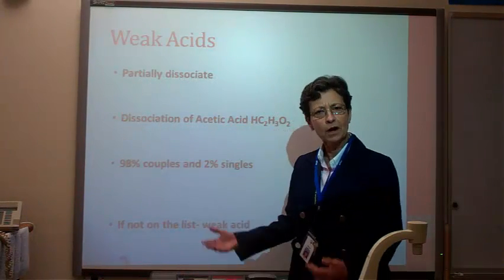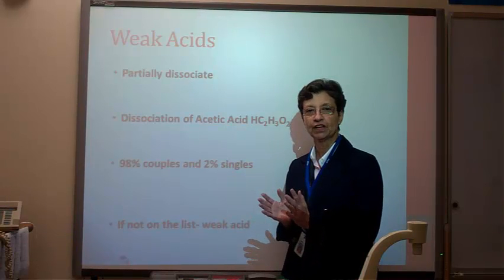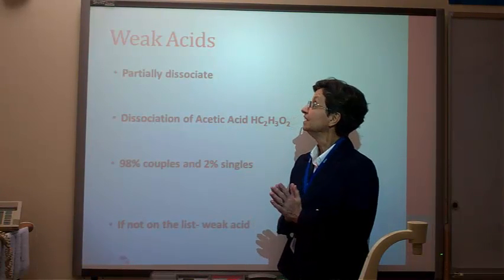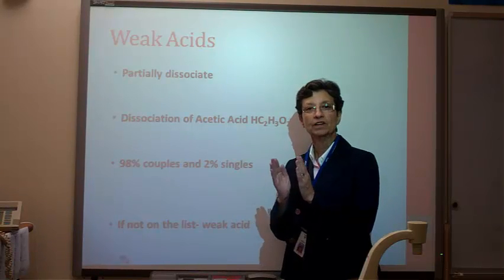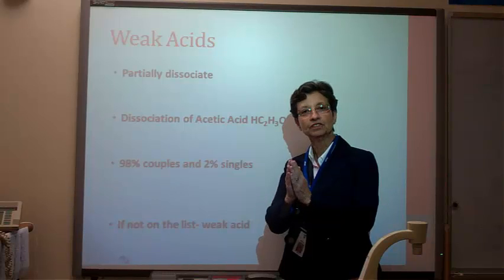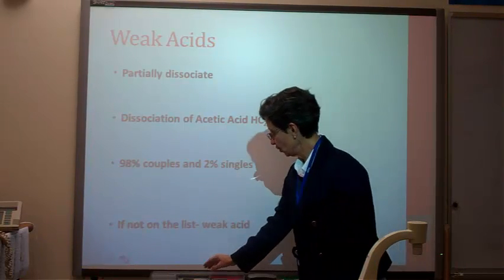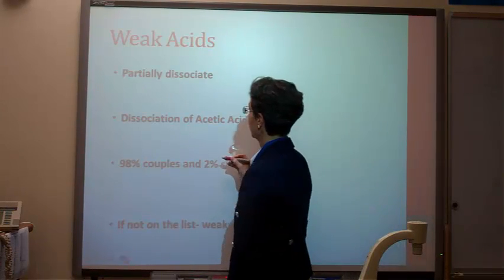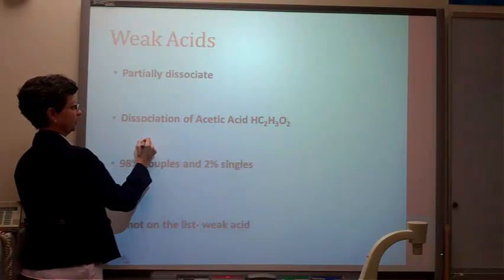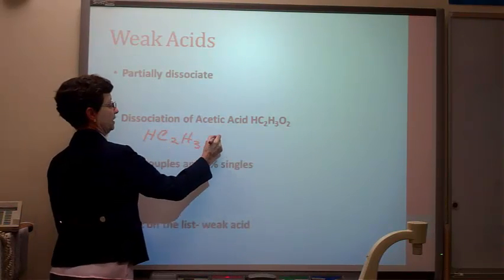So then, what are weak acids? Weak acids partially dissociate. That means that most of the compound will stay together. They will not turn into ions. Let's show a dissociation of acetic acid. And I'm going to write it right here. HC2H3O2.